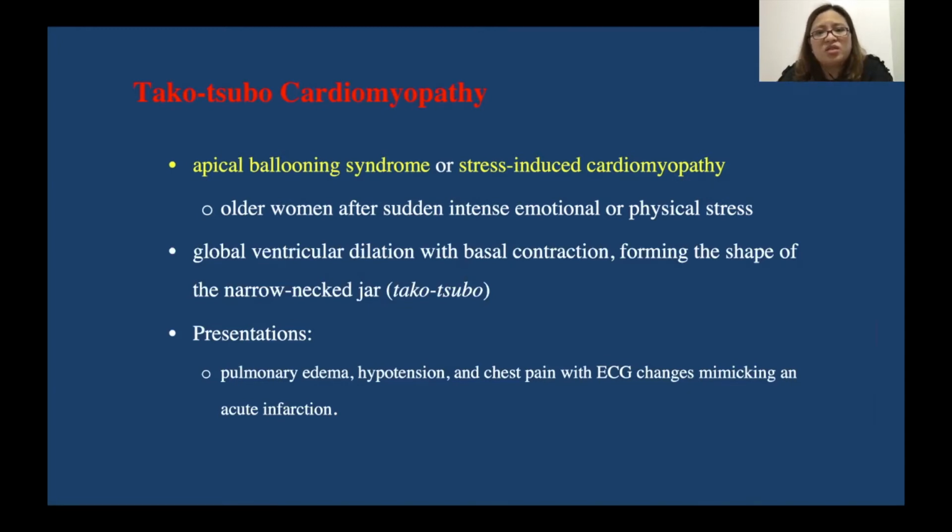It is called stress-induced cardiomyopathy because it is usually secondary to an intense emotional or physical stress, usually occurring in older women. So, global ventricular dilatation with basal contraction forms the shape of a narrow-necked jar, or in Japanese, takotsubo, hence the name takotsubo cardiomyopathy. It can present as acute pulmonary edema, hypotension, and chest pain with ECG changes mimicking an acute infarction.